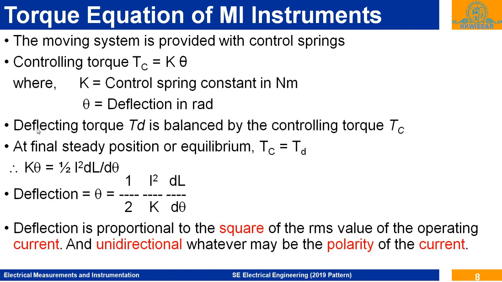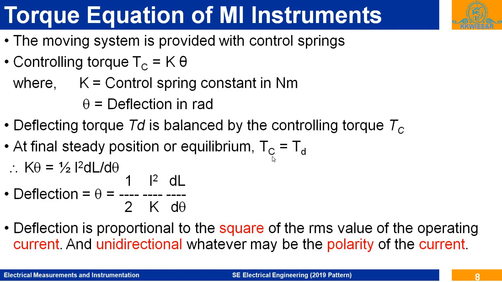So this deflecting torque is balanced by the controlling torque. At the final steady state position, when we connect this instrument for measurement and the current settles down from 0 to its final value, Tc is equal to Td, at the equilibrium condition, so that there are no oscillations in the pointer or the moving system.